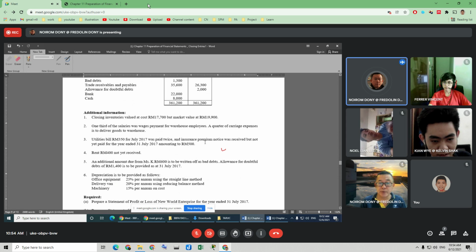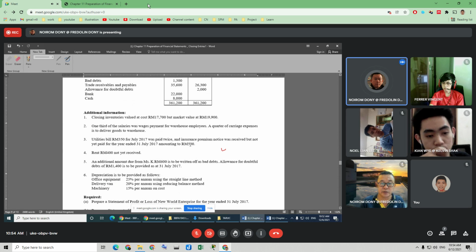And insurance premium: a notice was received but not yet paid for the year at 31st of July 2017, amounting to 500. You have the insurance in the trial balance, the amount is 6,400, but you have this other notice not yet paid, inclusive for the year.